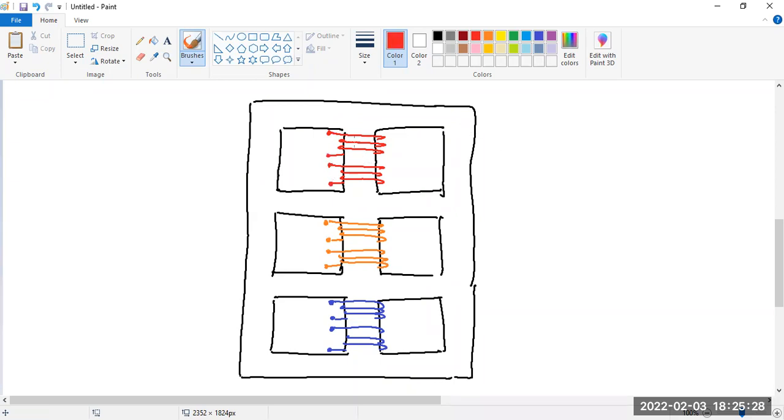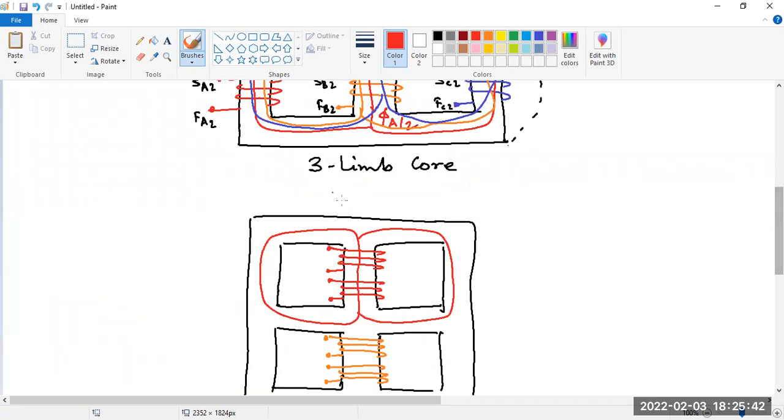Okay, and the flux paths are like this. So this is your phi A, this is your phi A by 2, and this is your phi A by 2.